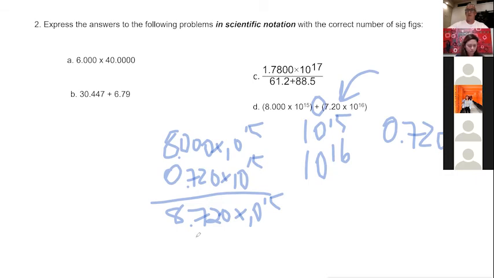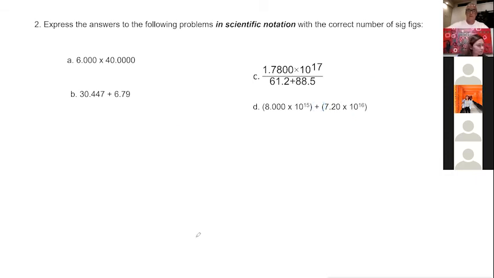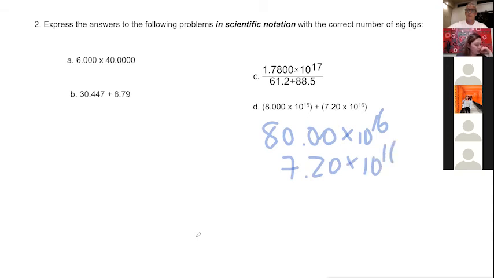Let's do it the other way. I'll show you what I mean. Let's change everything to 10 to the 16th. So here I would have 80 times 10 to the 16th plus 7.20 times 10 to the 16th.